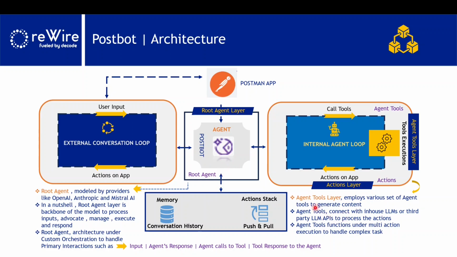And then coming to the agent tools layer, there is a set of agent tools to generate the content, and agent tools connect with in-house LLMs or third-party LLM APIs to process the actions. Agent tools function under multi-action execution to handle complex tasks.